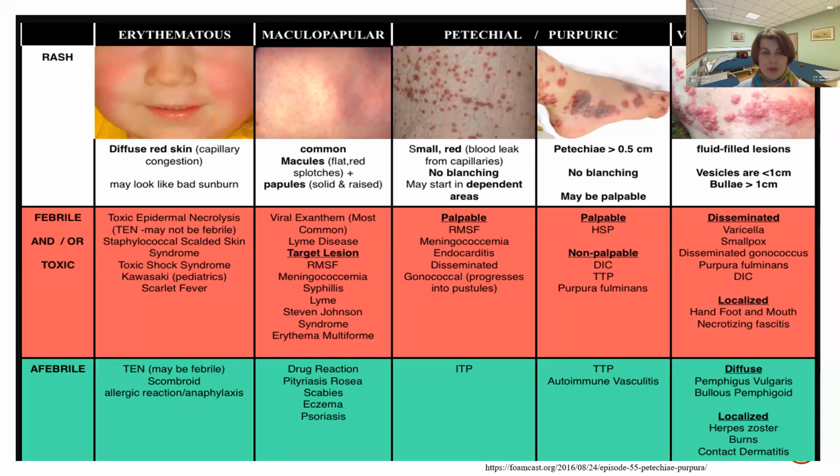So maculopapular rash is usually a problem of infectious disorders, or can be seen in a patient with psoriasis or eczema or many different drug reactions, meaning allergic reaction to drugs. And it is not a bloody rash, I would say, it's rather pink, because there's no blood leak. It's palpable.